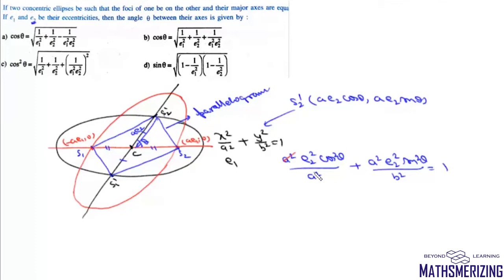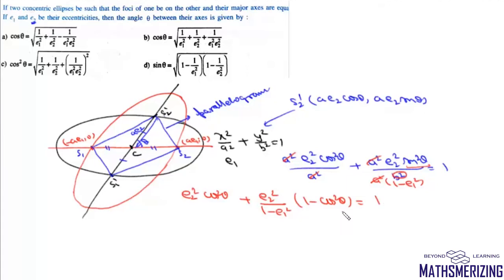Now here we'll cancel A square with A square, and now we can write B square as A square into 1 minus E1 square. So again A square will also cancel. Now what we'll do is we'll write sin square theta as 1 minus cos square theta. So we'll write E2 square cos square theta plus E2 square upon 1 minus E1 square, and this is 1 minus cos square theta, and this is equal to 1.